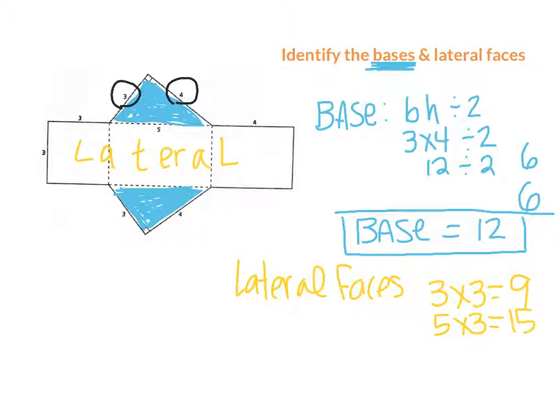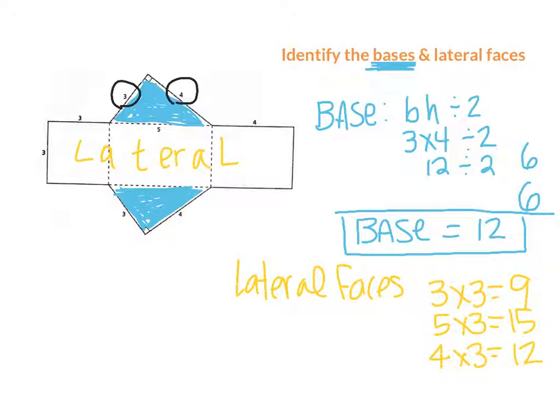And then in this one, since it's a triangular prism, we only have one more rectangle out on the side. 4 is listed on the top. And then I need to know how far this outside edge is going up and down, and it's a perfect match with 3. So this last one is going to be 4 times 3. So we're going to add that to the list. 4 times 3 is 12.